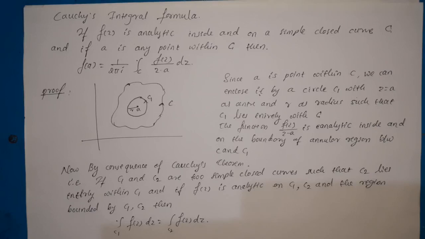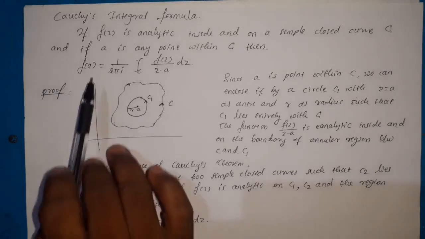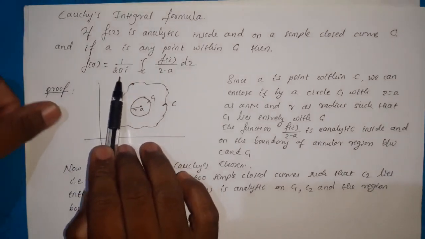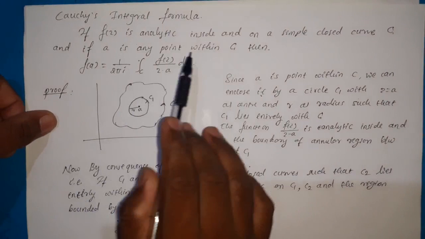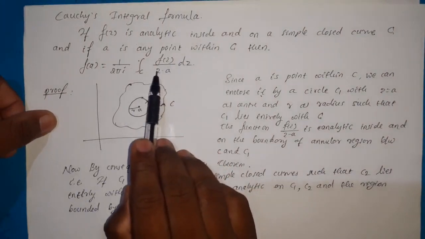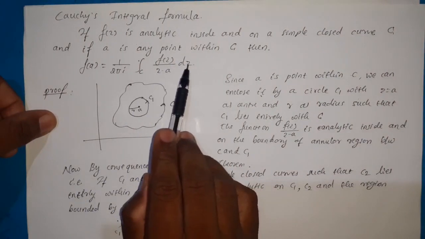If f of z is analytic inside and on a simple closed curve C, and if A is any point within C, then f of A, the value of the function at the point A, is equal to 1 divided by 2 pi i integration over C f of z divided by z minus A into dz.